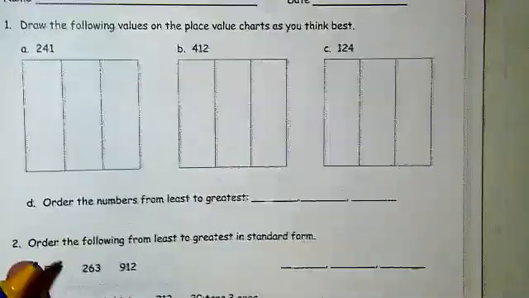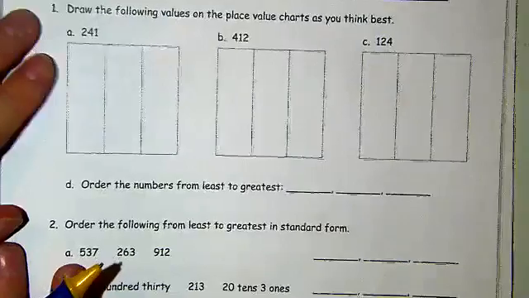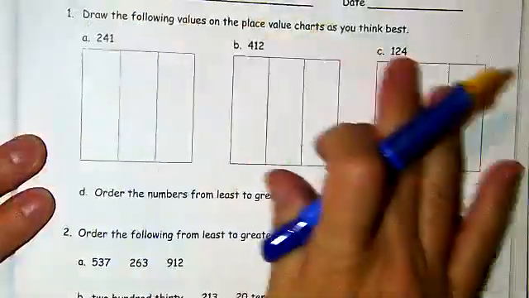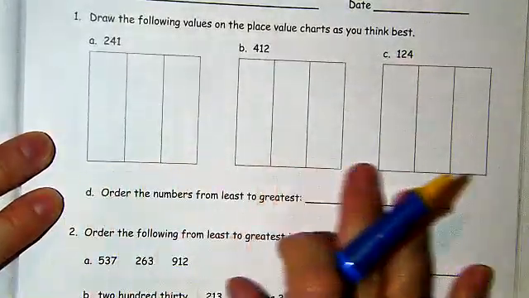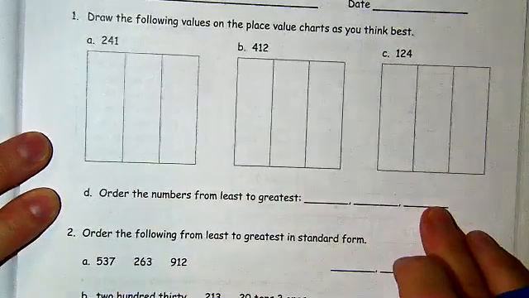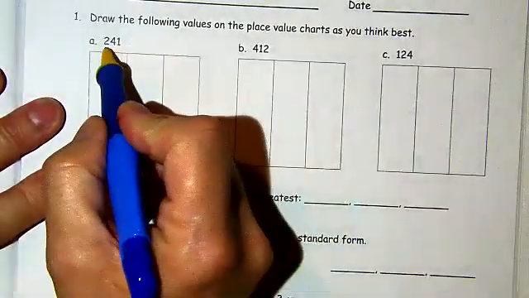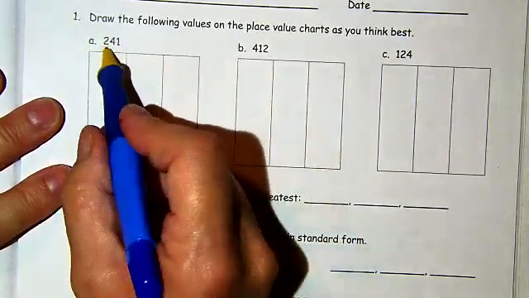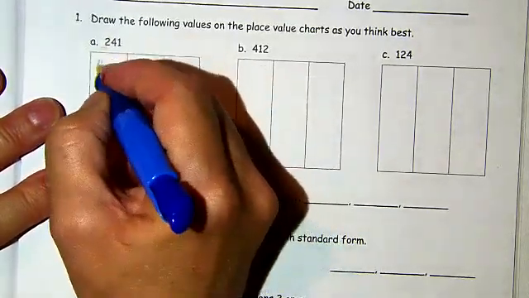So on page 153, we are going to start by drawing in the place value discs for each of these numbers, and then we'll be putting them in order. So this is very straightforward. That first digit is the hundreds. There need to be 2 of them.